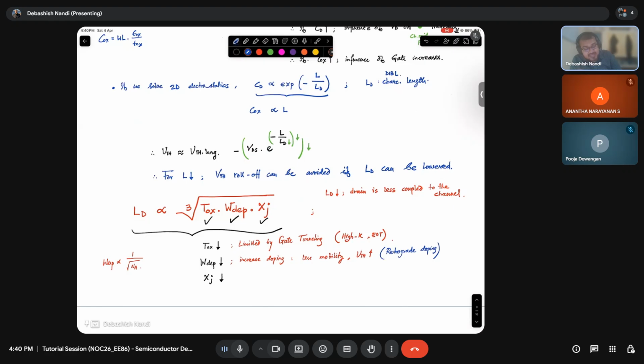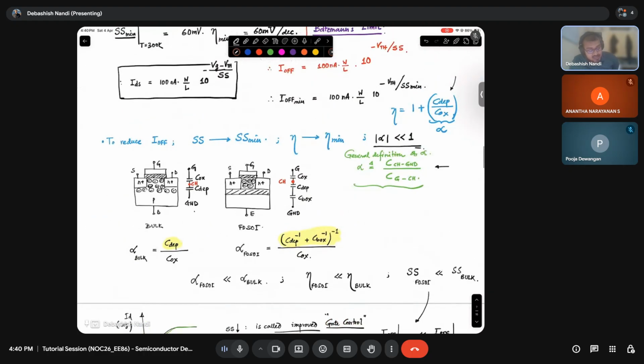But what about XJ? How can we lower XJ? For example, UTBB FDSOI, ultra thin body and box. So SOI we know, right? So this is TSI, this is T box.